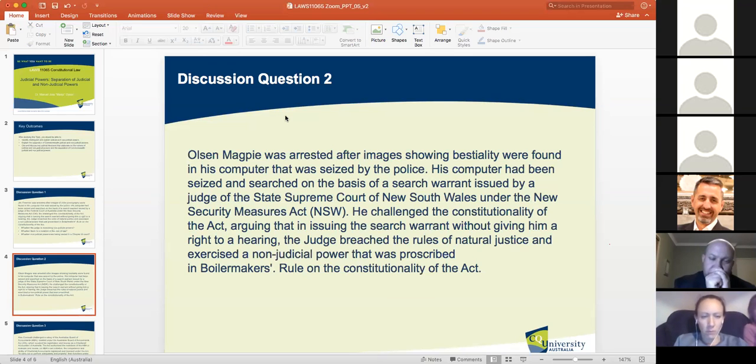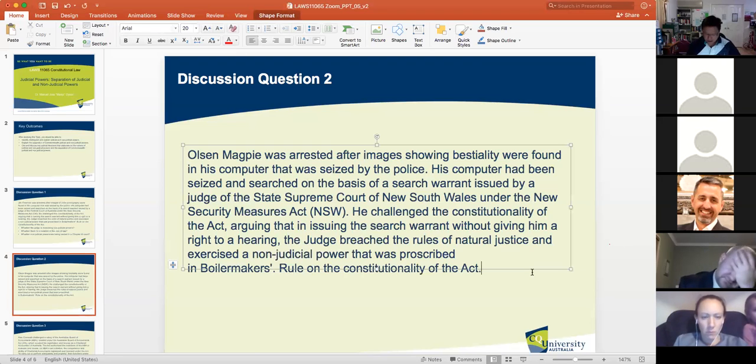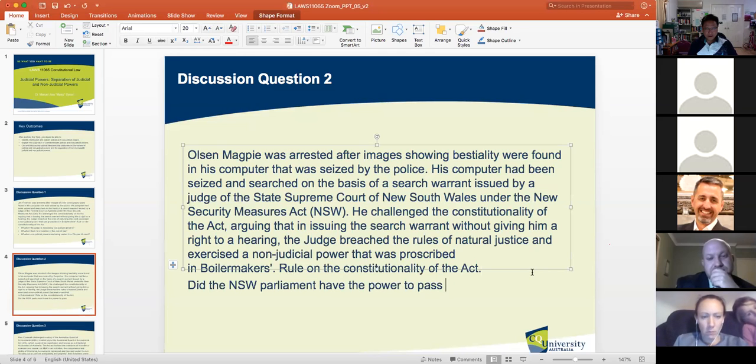Okay. Can you say that again? Did the New South Wales Parliament have the right to pass a law or act allowing the State Supreme Court of New South Wales to issue a search warrant? Okay. Thank you.